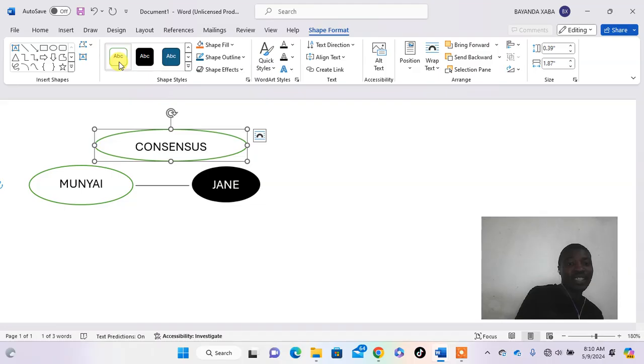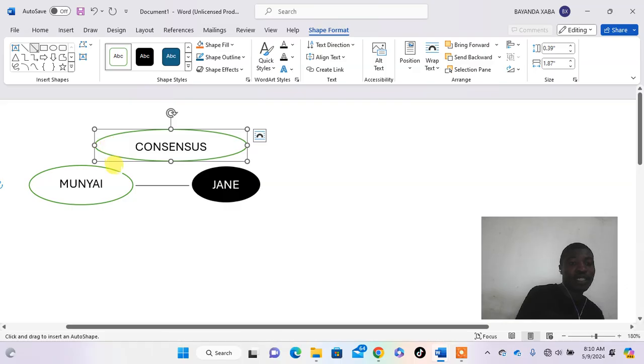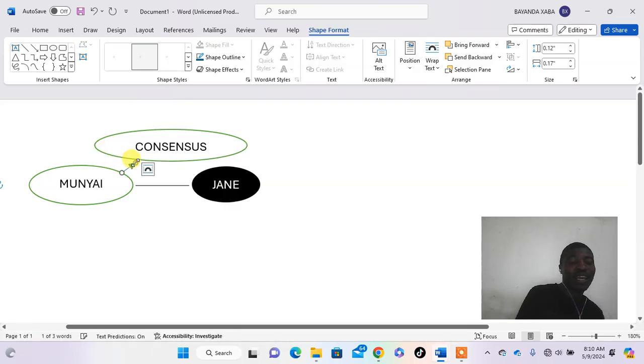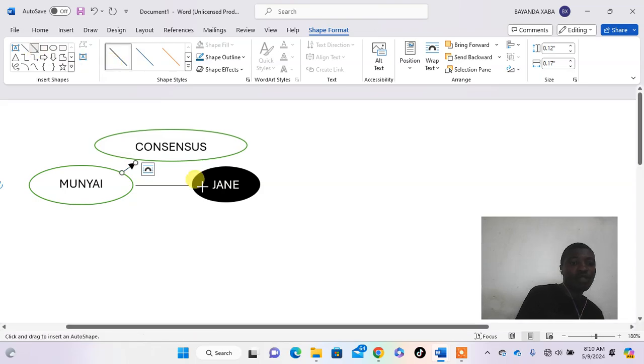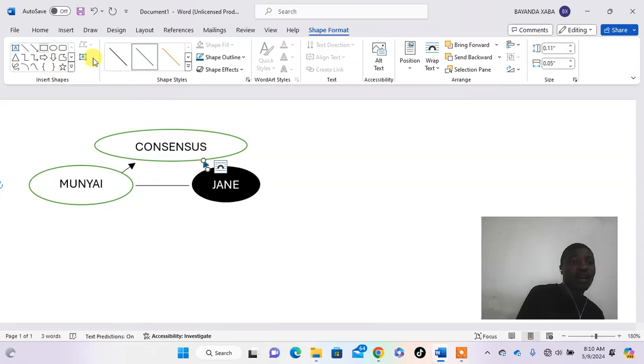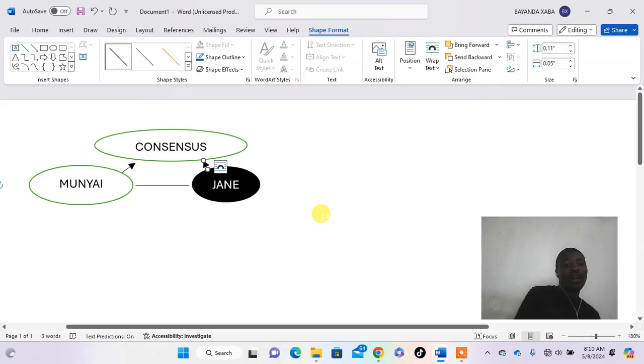They agreed. So these are the basics of a contract you must know. Munyai and Jane are in love. Then they reach the consensus that they must get married.